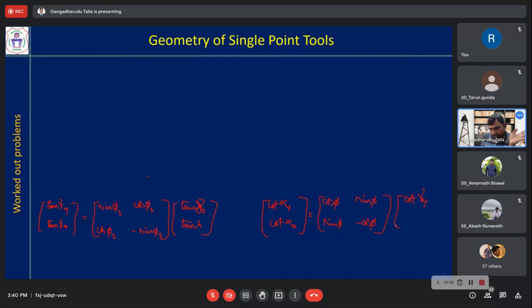Cot gamma y tan lambda. You can remember like this. These two relations all of you must remember. Some of the angles will be given and the other angles will be asked. So I am erasing these.